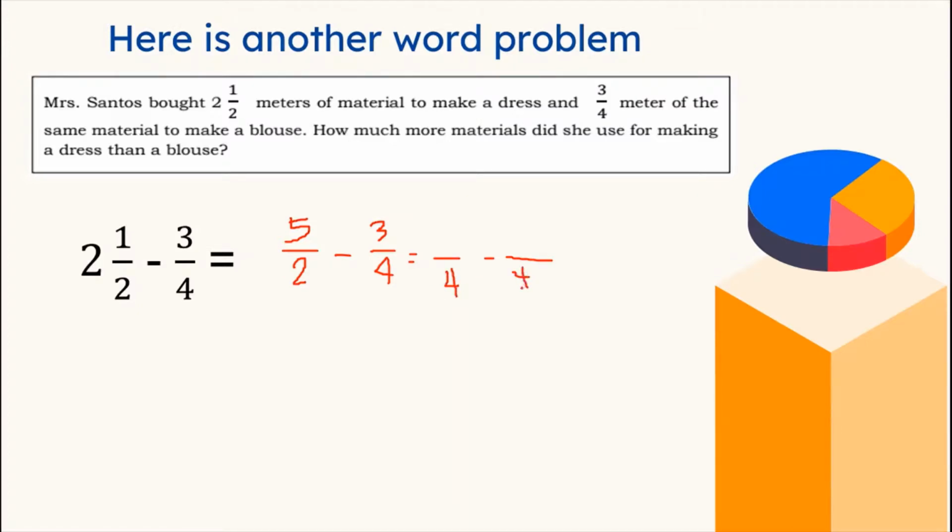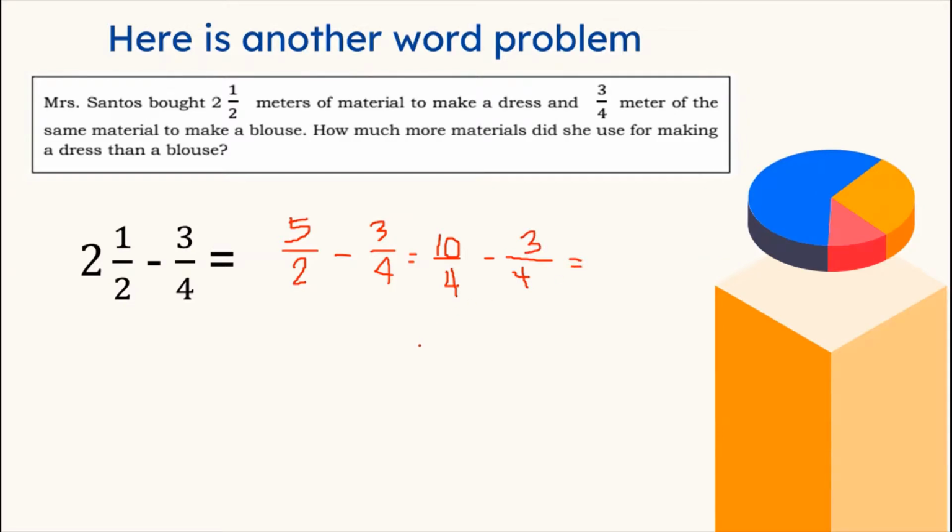Now, let's do the division. 4 divided by 2, that is 2. 2 times 5, that is 10. 4 divided by 4, that is 1. 1 times 3, it's still 3.